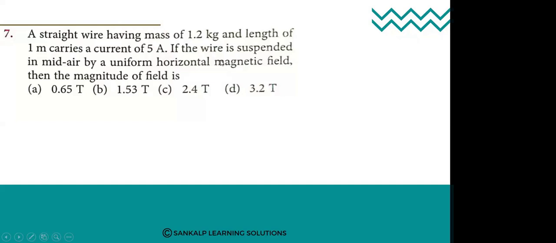It is suspended in mid-air by a uniform horizontal magnetic field. So what is the value of the magnetic field? Current, length, mass is given. Yes. So it is suspended.